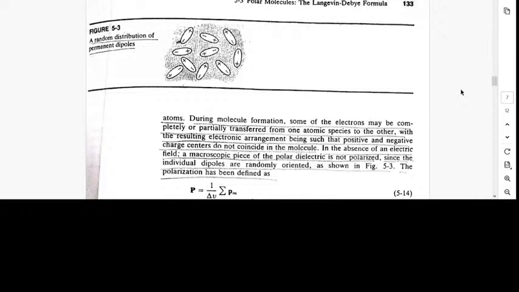And what is the result of that transformation? The result is that the electronic arrangement is such that positive and negative charge centers do not coincide in the molecule. Means their center is not the same. The center of both positive and negative ion charges is not the same after this formation.